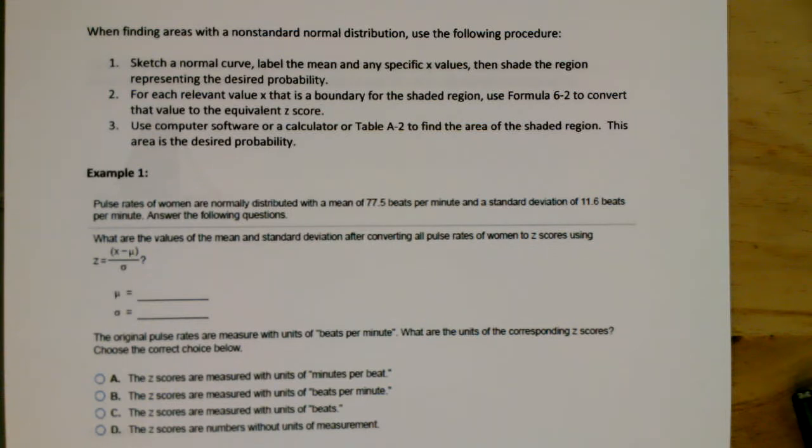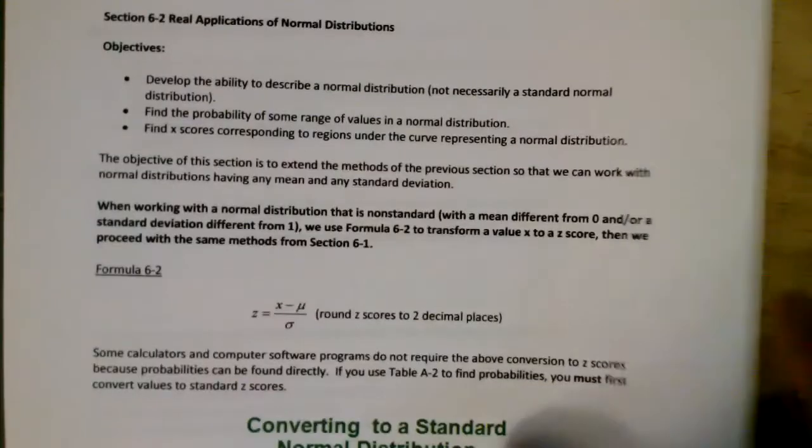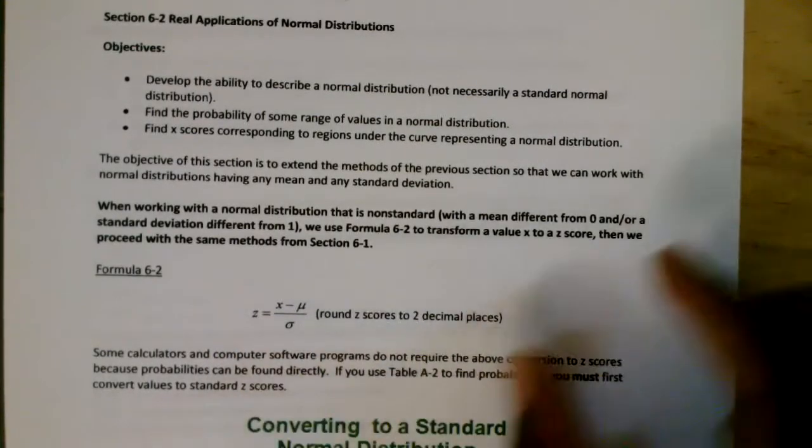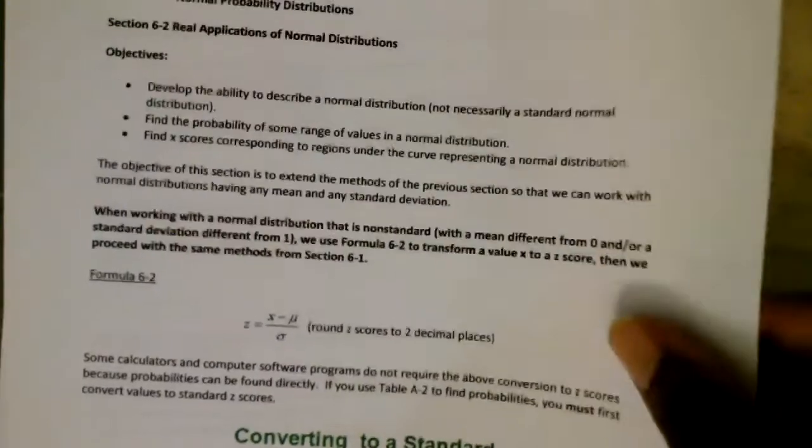Number two, for each relevant x value that is a boundary for the shaded region, you're going to use formula 6-2 to convert that value to an equivalent z-score. That was formula 6-2, which is what I just got through talking about. z is equal to x minus mu all divided by sigma.